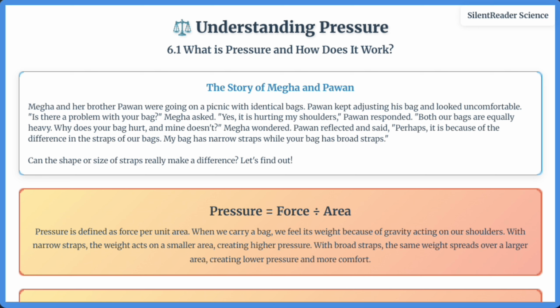This principle explains why sharp knives cut easily, why tractors have wide tires, and why camels can walk on sand without sinking. The SI unit of pressure is the Pascal, where 1 Pascal equals 1 Newton per square meter. Understanding pressure helps us design better tools, vehicles, and structures for various purposes.